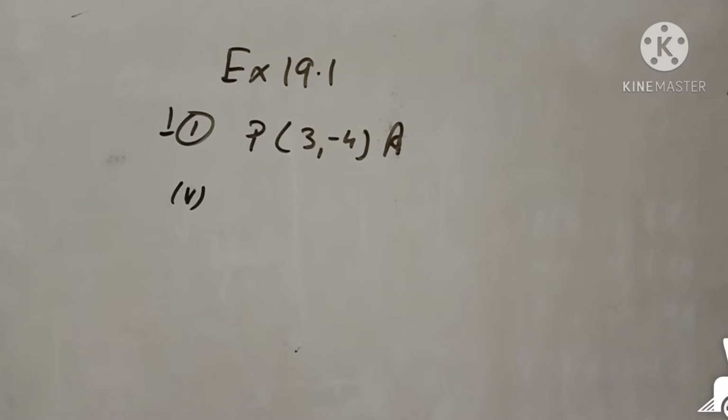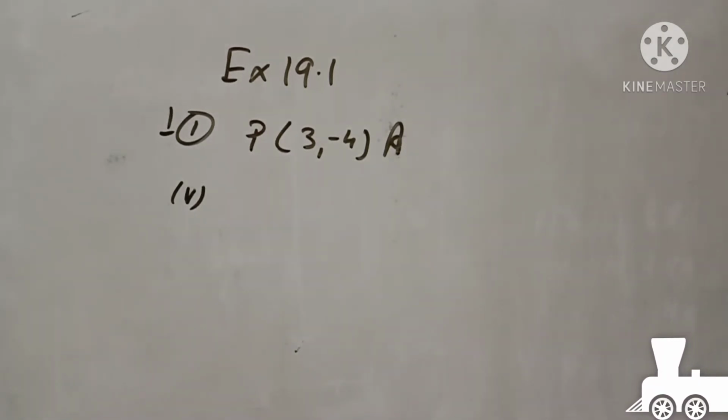Now question 5: whose abscissa is minus 2 and lies on the x-axis. Lies on the x-axis means what? If the abscissa is given, the ordinate will be 0. And the origin, as we know, has coordinates 0, 0.